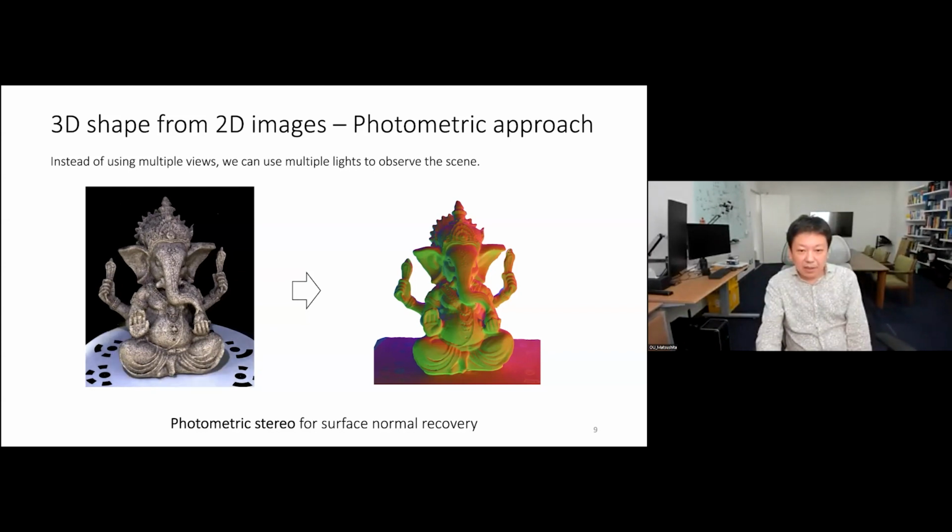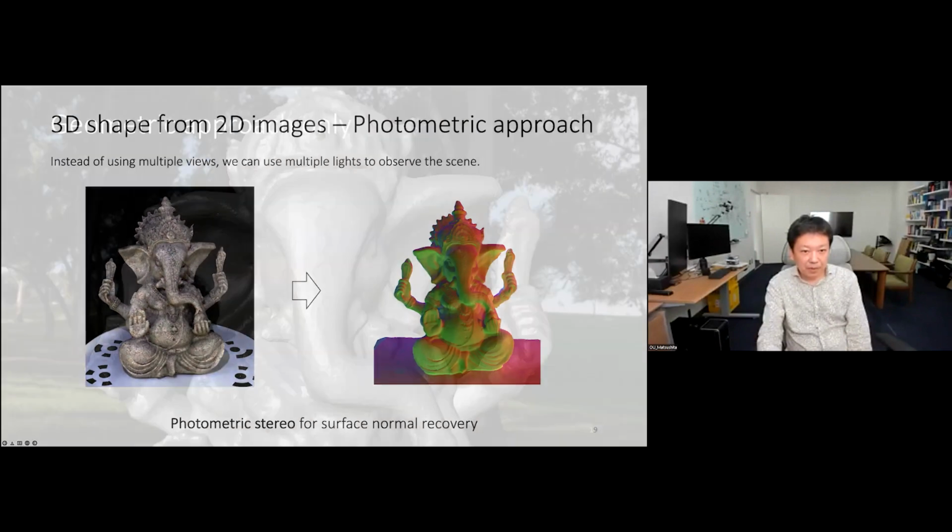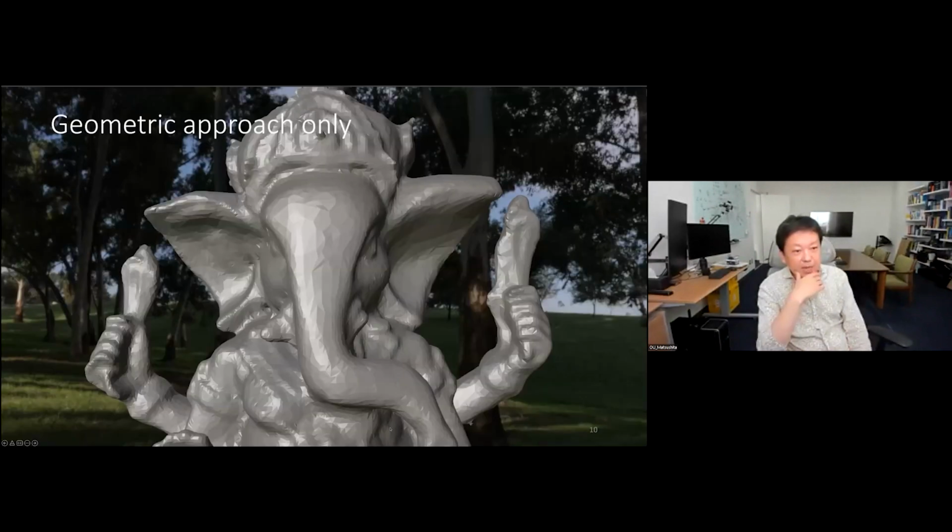This approach is called Photometric Stereo, and it allows us to obtain pixel-level detailed shape information. To demonstrate the strength of photometric stereo, here I show a 3D shape recovered from multi-view input images.